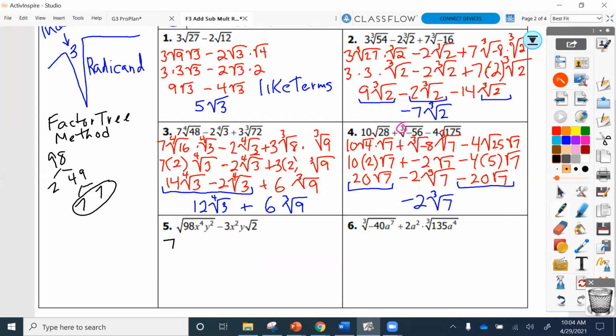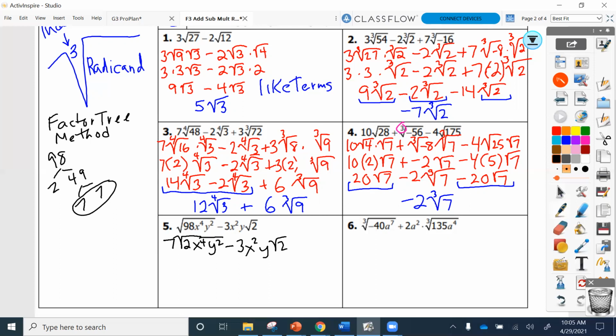So 1 7 will come out, and the 2 has to stay in. So we've got x to the 4th y squared minus 3x squared y root 2. Okay, so that's using the factor tree method to simplify the number part.